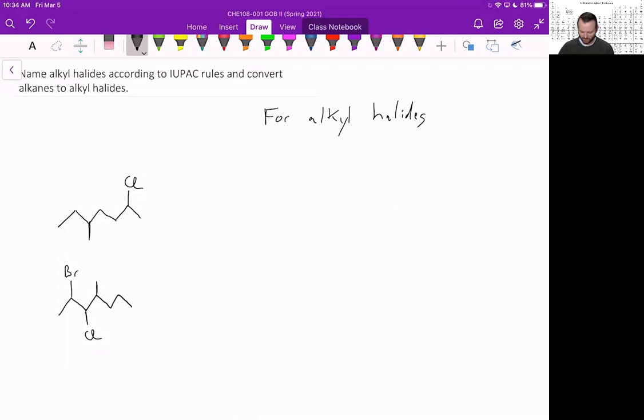For chlorine, you use chloro, shortened to chloro when you name it. For bromine, you use bromo. For iodine, you use iodo. Fluorine, you would use fluoro. Okay, you have that O ending. Okay, so naming.